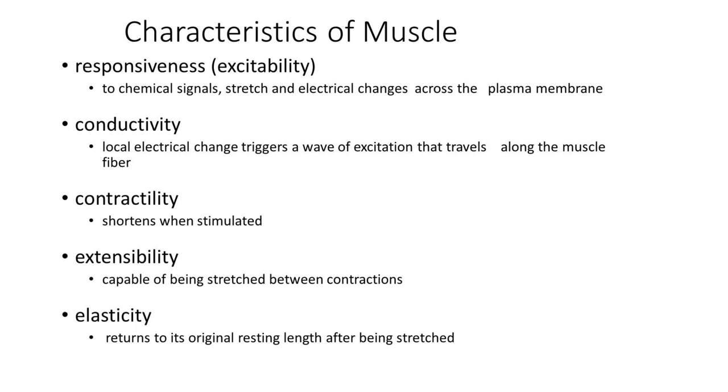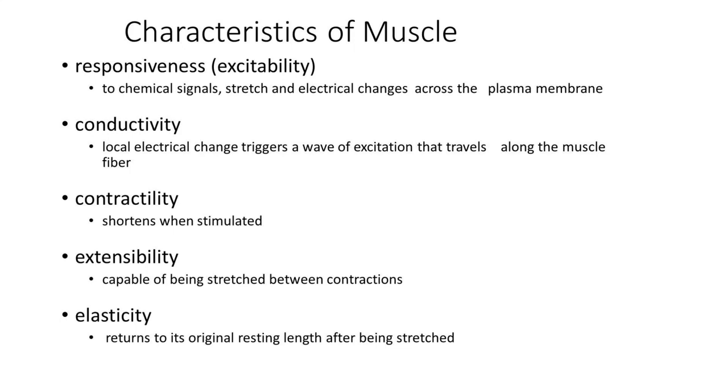They also can conduct. There are local electrical changes that trigger a wave of excitation that travels along this muscle fiber that allows them to then contract or to be stimulated. Which brings us to contraction. They are able to shorten when they are stimulated.